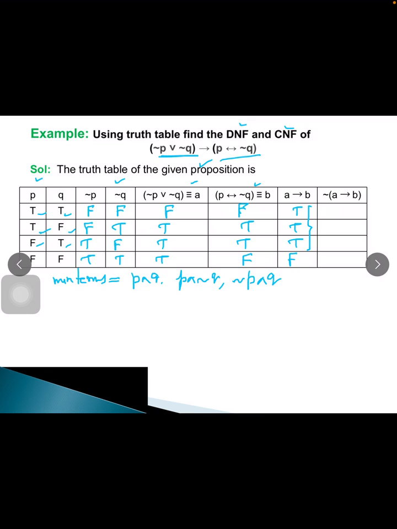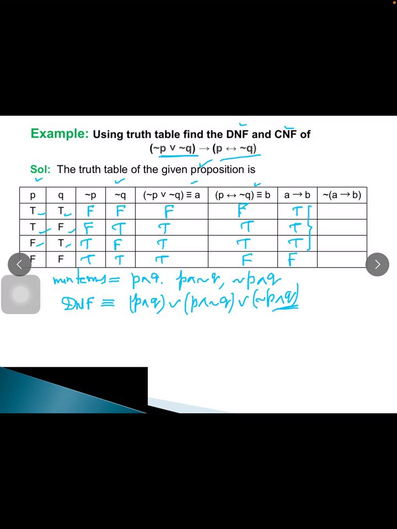When we join these min terms with the disjunction, this is called the DNF. So our DNF is P and Q, or P and negation of Q, or negation of P and Q. So this is our DNF, right?